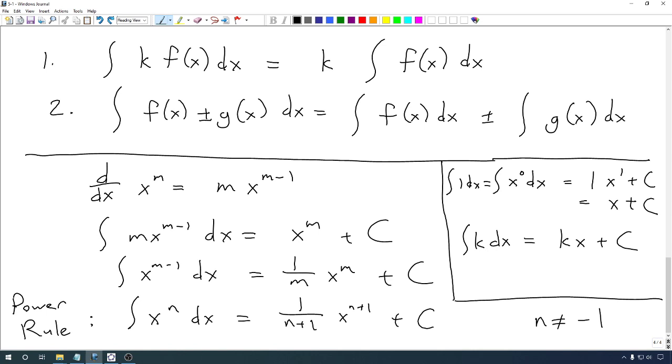They do follow that same rule. But if you don't want to think about it like that every time, then we can just remember this as a whole other rule. The integral of a constant is just that constant times x plus some arbitrary constant c.